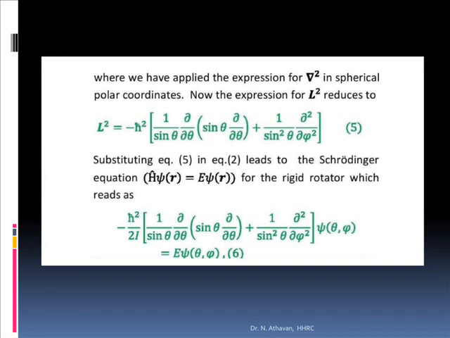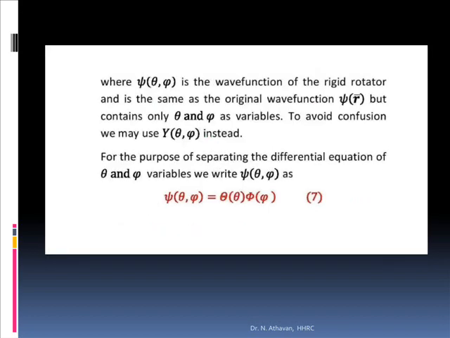Substituting equation 5 in the Schrodinger equation, it takes the form given in equation 6. Here psi of theta comma phi is the wave function of the rigid rotator, the same as the original wave function psi of vector r, but containing only theta and phi as variables.